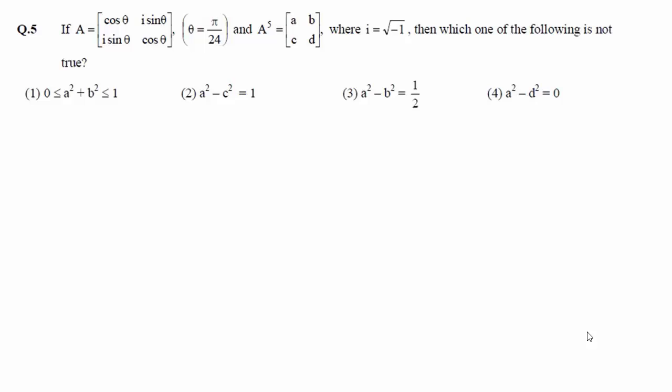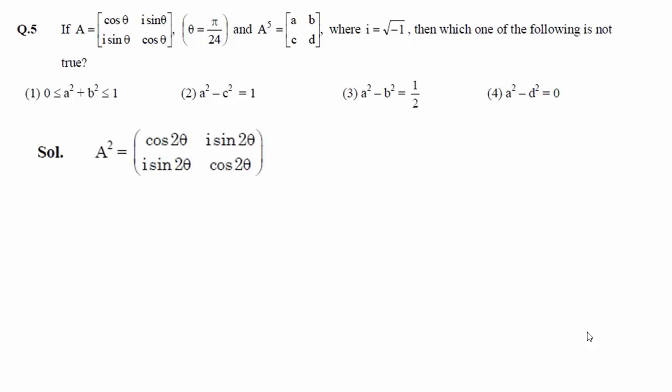Options are: 1, a square plus b square lies between 0 to 1. Option second, a square minus c square equals 1. Option 3, a square minus b square equals 1 by 2. And option 4, a square minus d square equals 0.